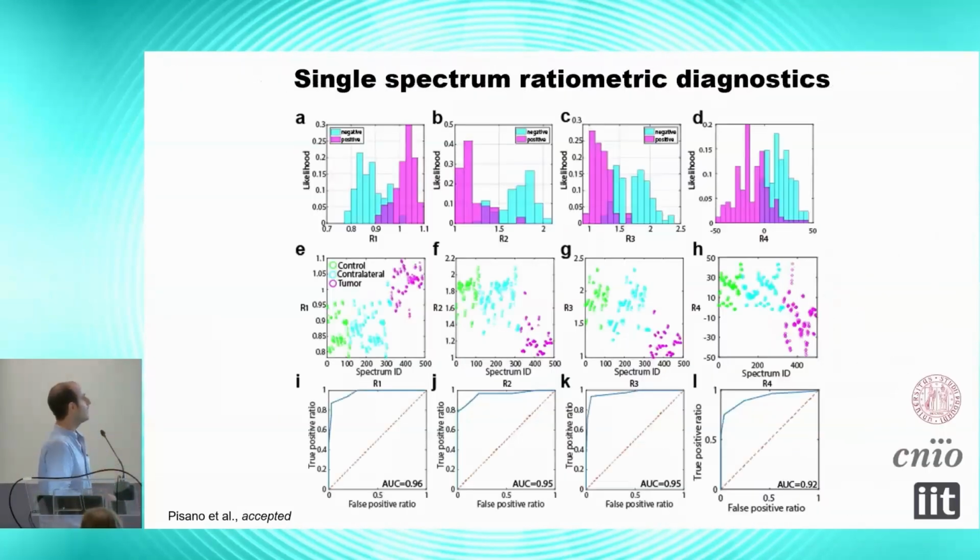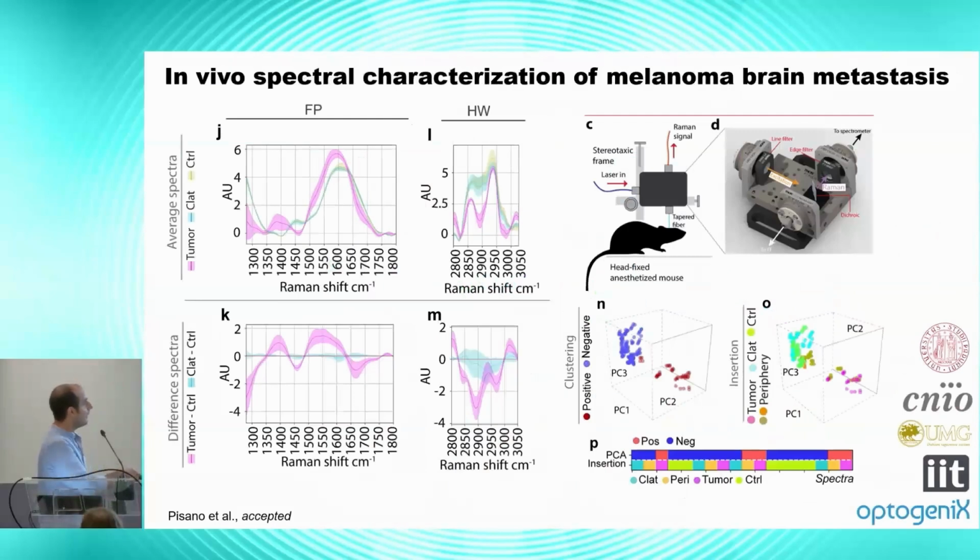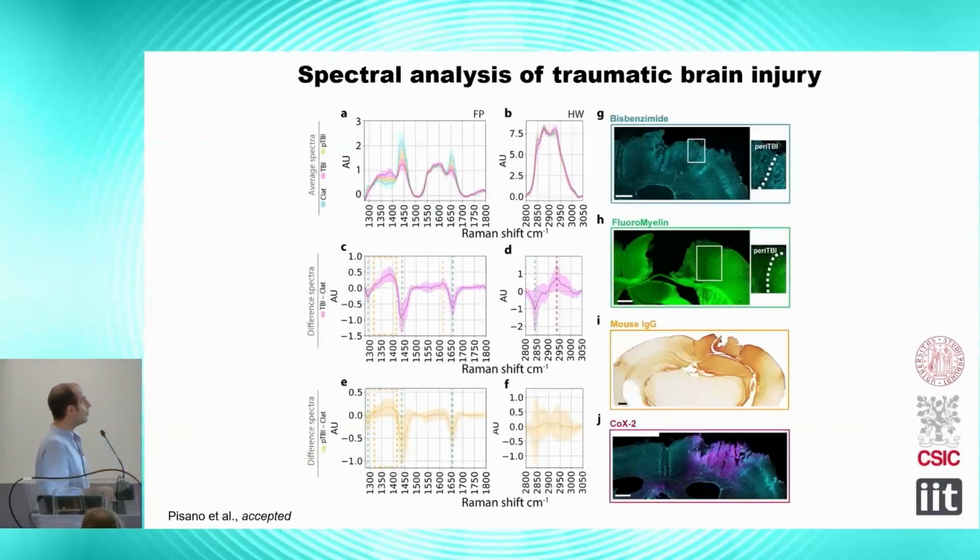Now, I'm pressed for time, so I'll skip a few things. These methods also work in vivo. This is an example of in vivo characterization of the brain metastasis, for which we have developed a dedicated system that can fit in a standard stereotactic rig. And it can also detect more nuanced molecular alterations.